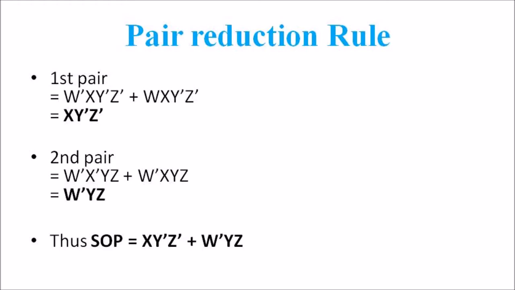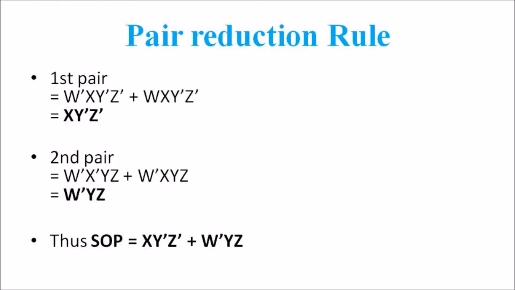So the updated pairs after removing the changed values are: first pair W' X Y' Z' plus W X Y' Z' is equal to X Y' Z', and the second pair W' X' Y Z plus W' X Y Z is equal to W' Y Z. Therefore, the ESOP is equal to X Y' Z' plus W' Y Z.